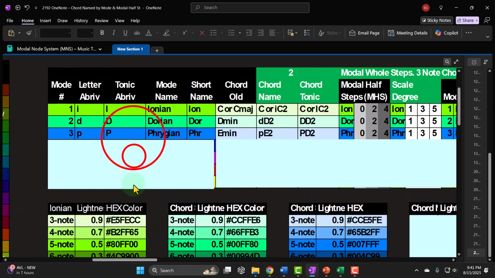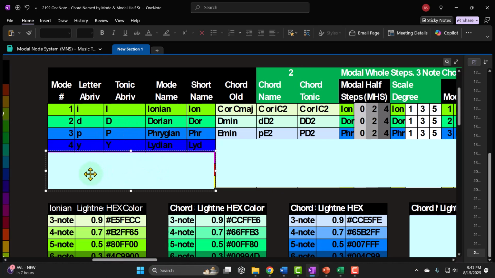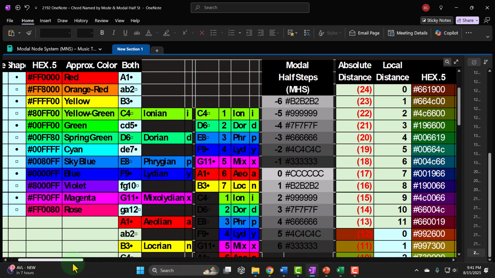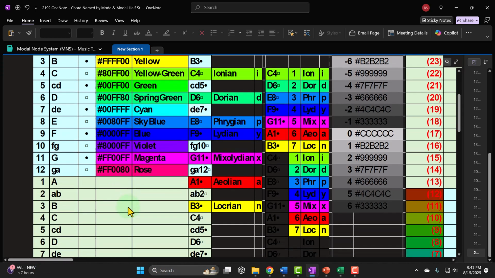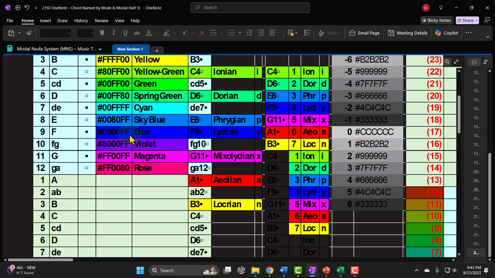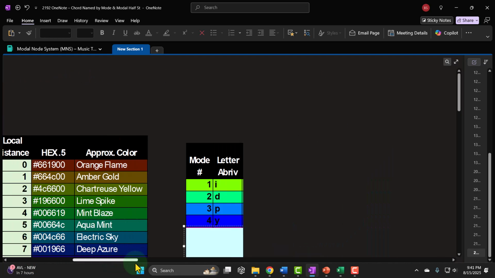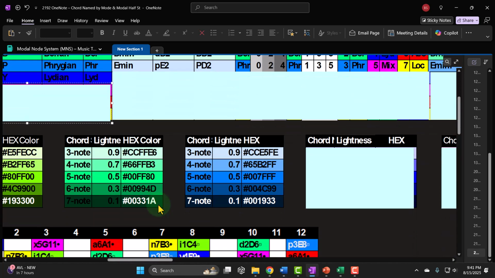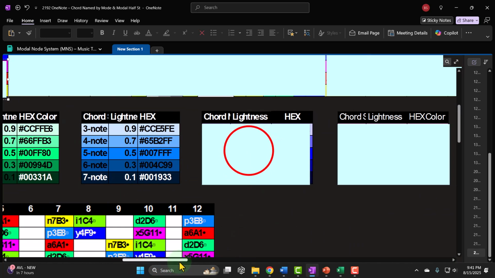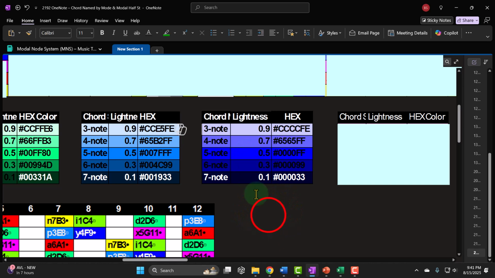So we're going to say, what if the 4 is Lydian? So we asked chat, hey, chat, take this blue and give me the shades of blue. I'm a little bit less nice to chat now because chat 4 was really cordial and nice, but then I think too many people fell in love with it.